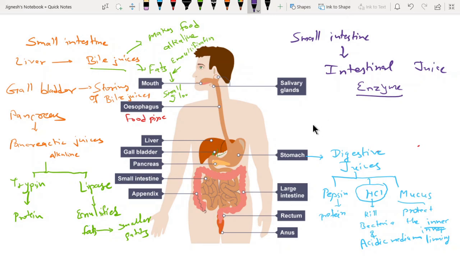Enzymes are very essential for us. The enzymes convert proteins, which trypsin has partly digested, into small amino acids.